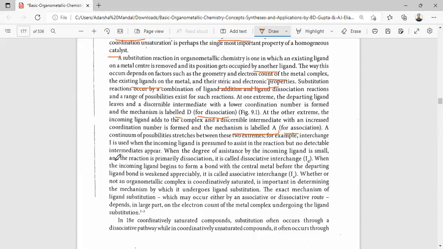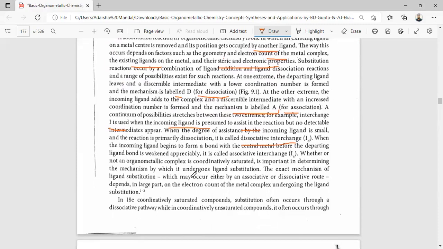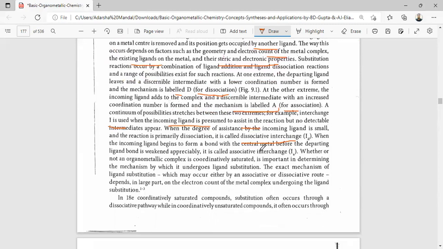For example, interchange, I, is used when the incoming ligand is presumed to assist the reaction, but no detectable intermediates appear. When the degree of assistance by the incoming ligand is small, the reaction is primarily dissociative and is called dissociative interchange, Id. And when the incoming ligand begins to form a bond with the metal center before the departing ligand bond is weakened, it is called associative interchange, Ia.